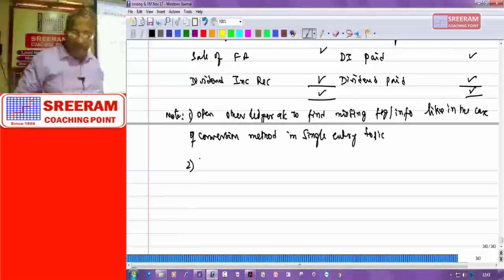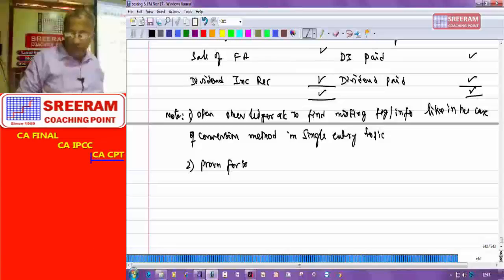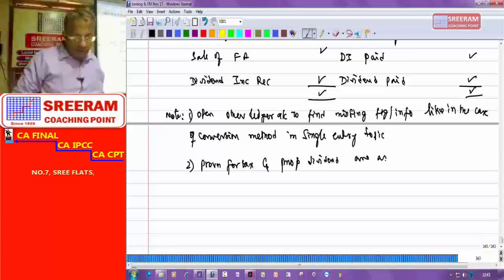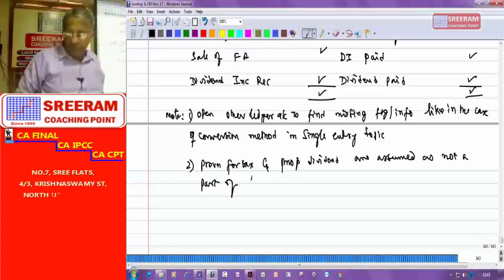One more note I wanted to provide. Unless otherwise stated, we have the habit of assuming provision for taxation and proposed dividend as not a part of current liability.